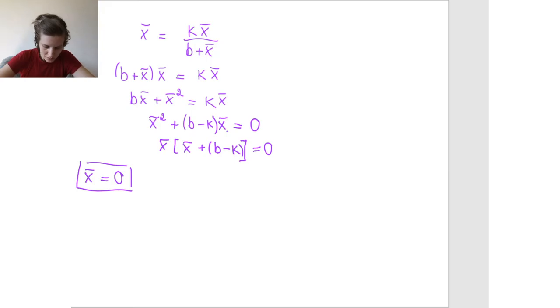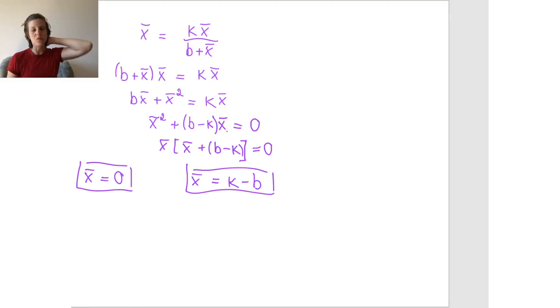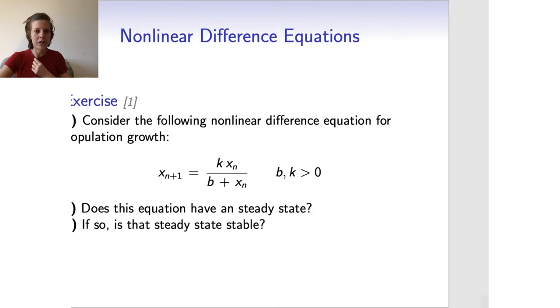and the other steady state will be k minus b. So yeah, this equation has two steady states. But observe that this steady state just has some biological meaning, because this models some population growth.